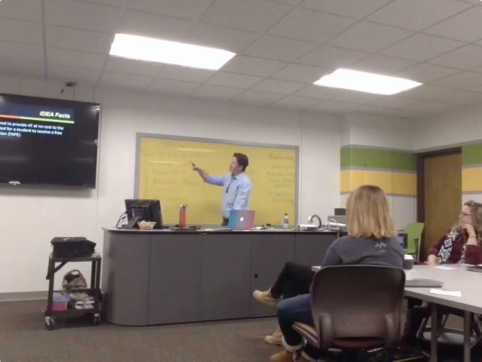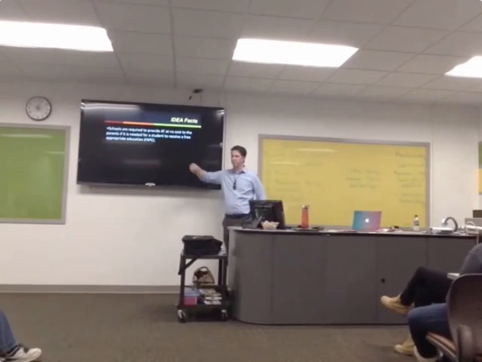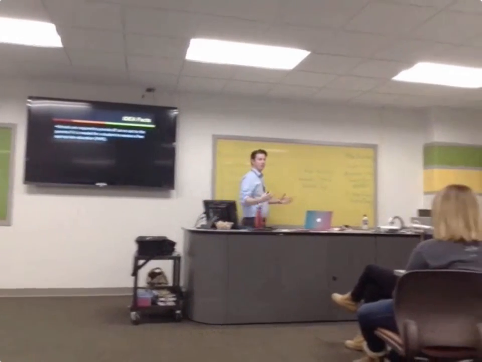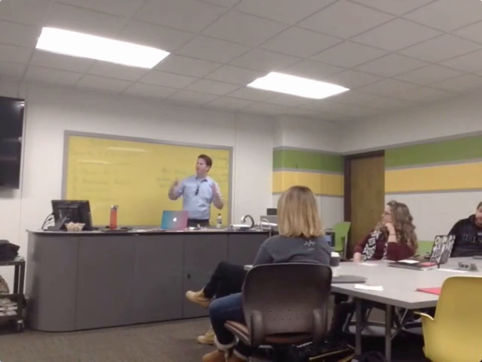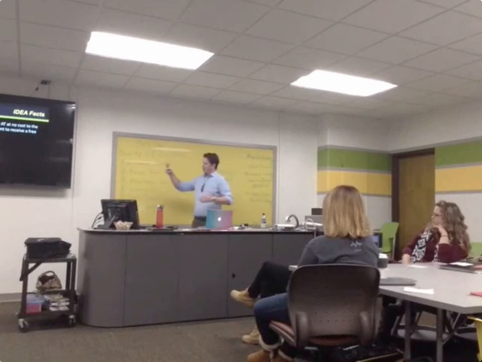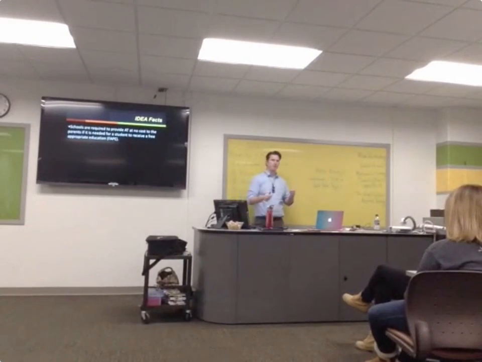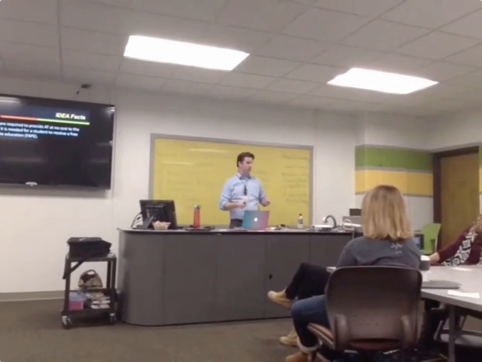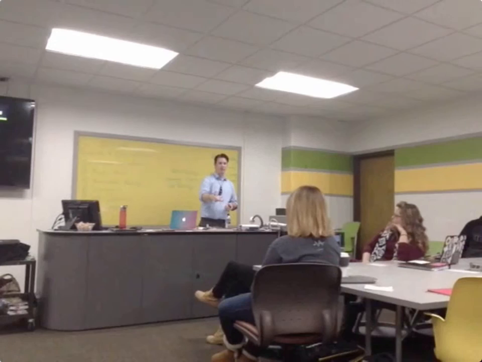Under IDEA, that key piece of legislation, there are some specific things, like free and appropriate public education. You cannot deny a kid with a disability access to a free and appropriate public education under that law. So IDEA says that schools are required to provide assistive technology to kids with disabilities if it gives them access to a free and appropriate public education.